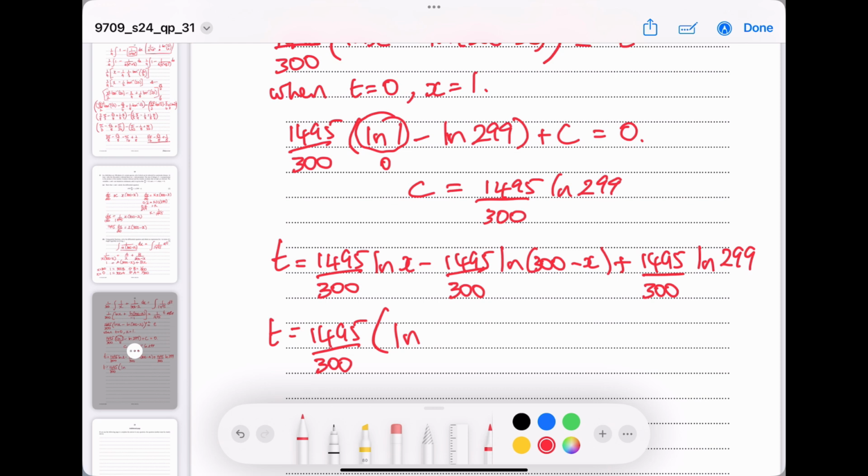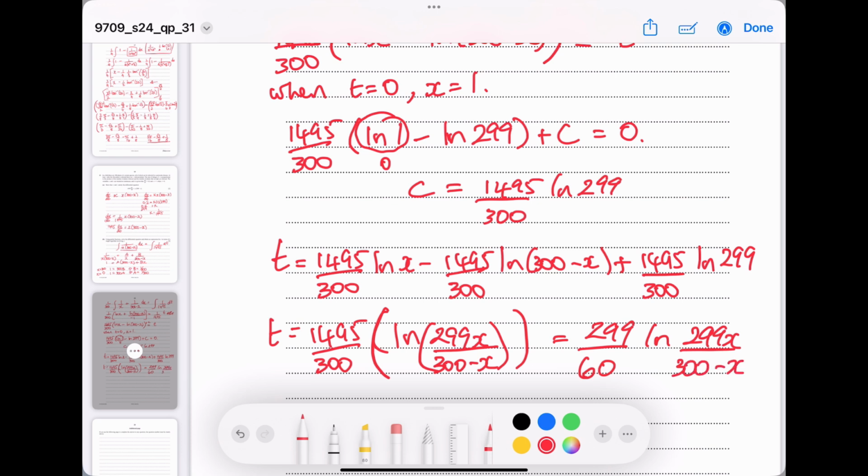Ln x plus, so we've got ln 299 times x over 300 minus x. So that's combining using our log laws. And then we'll simplify that to 299 over 60 ln (299x over 300 minus x).